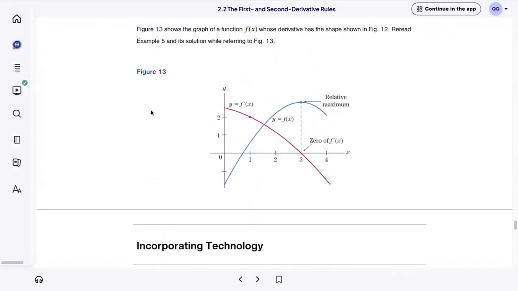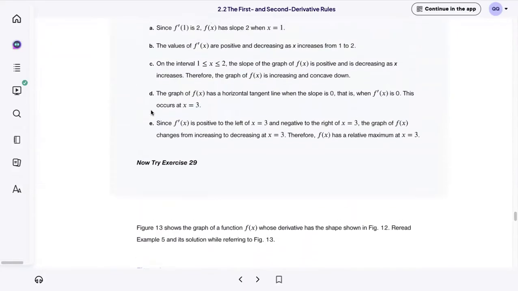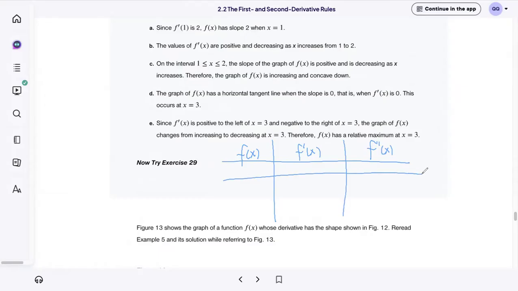All right, so that's section 2, which basically tells us the relationship between the derivatives. So let's make this. We have the original function, we have the first derivative, and we have the second derivative, right? So what is the relation? If the original function increases, the first derivative is greater than 0, but we cannot tell about the second derivative.